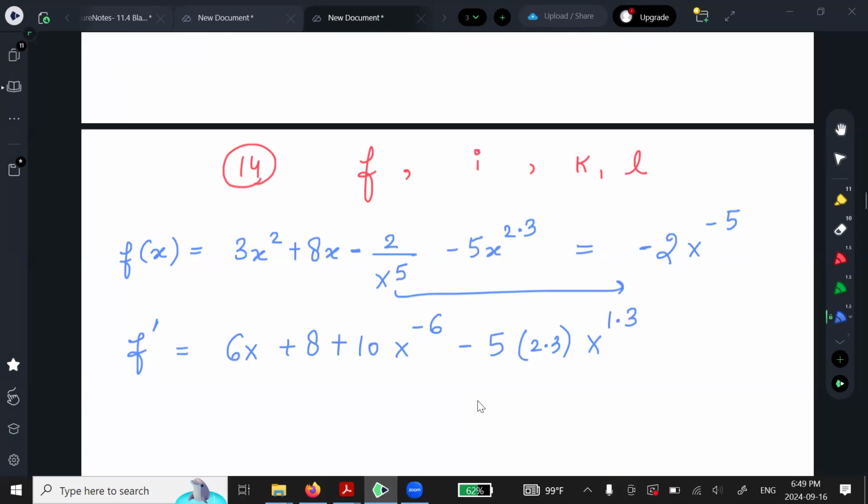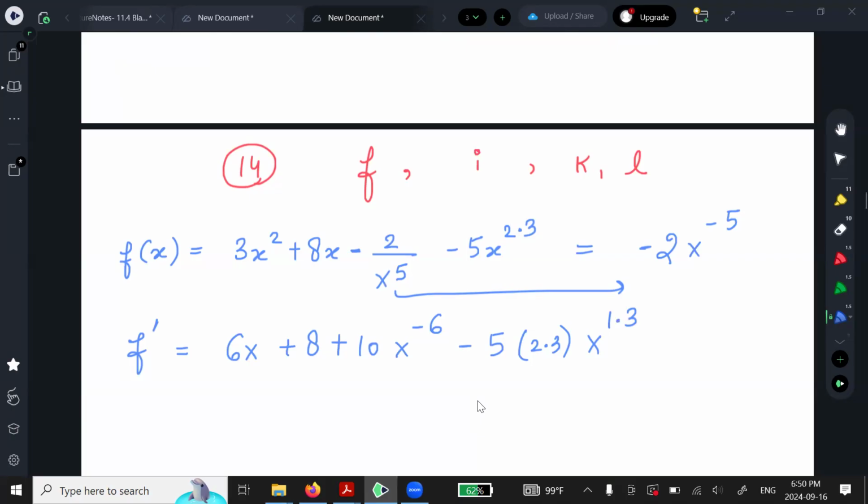Now, do not mess with negatives. Be very careful when you're solving questions like this. You have a negative in front of 2, you bring the negative 5 out, it becomes positive 10, right? That's the important thing. And you're subtracting 1 from negative 5, you get negative 6. Little things. Just be careful.